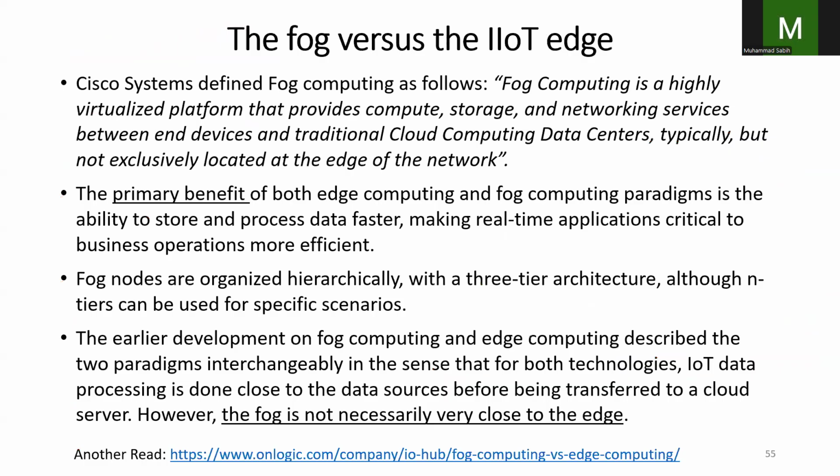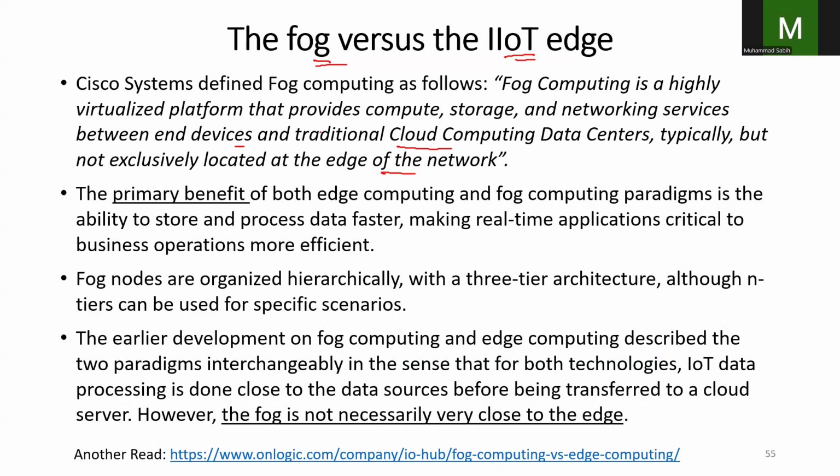Next, this is the last slide in this video: fog. In this slide, we contrast fog computing with edge computing. What is the difference between fog and edge computing? Let's go through this. Cisco defines fog computing as a highly virtualized platform that provides compute, storage, and networking services between the end devices and the traditional cloud data centers, typically, but not exclusively, located at the edge of the network.